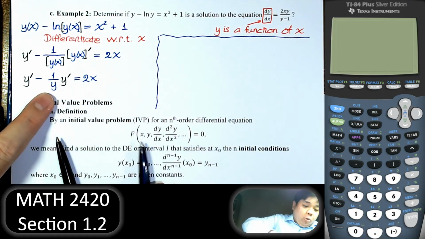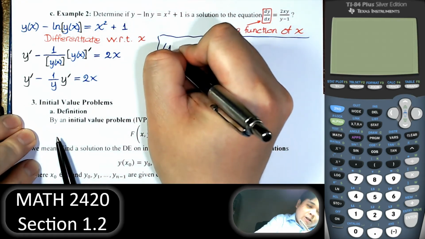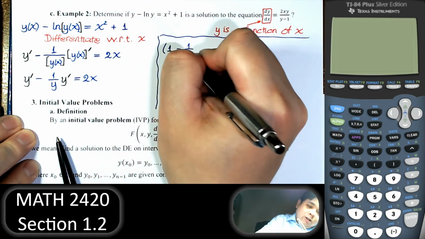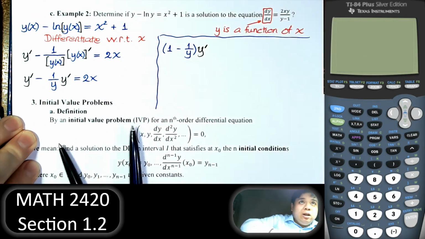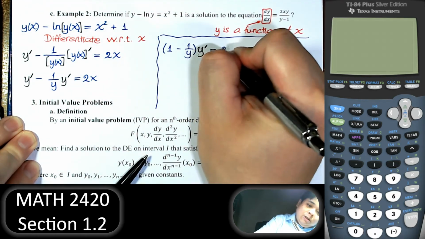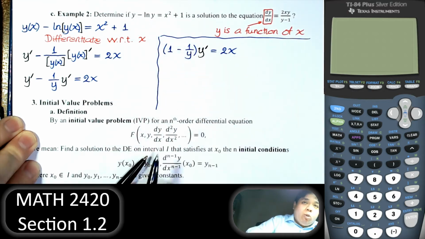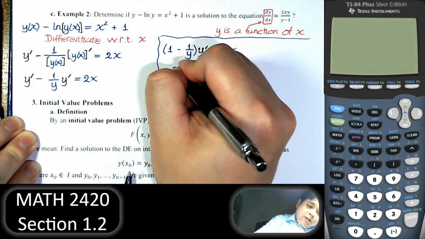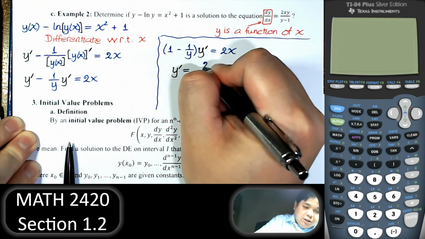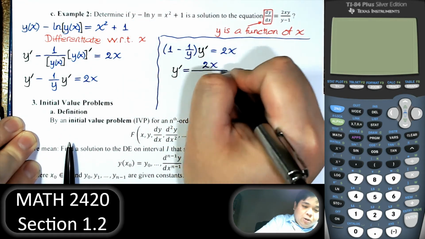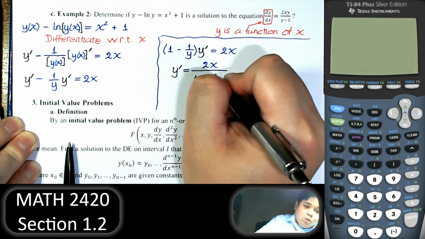I'll factor out the y prime. We have 1 minus 1 over y, times y prime, equal to 2x. So for y prime, we have 2x over 1 minus 1 over y.